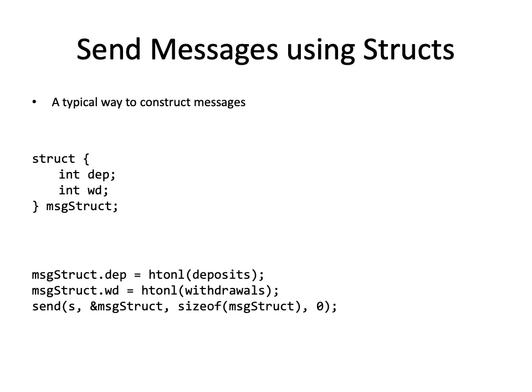You'd convert that from your host value, whatever the user or client did, into the network version of a long and store that into the message struct deposit. That takes care of endianness. And then you do the same thing with withdrawals. You convert from a regular integer to whatever network style or endianness the network wants using htonl.